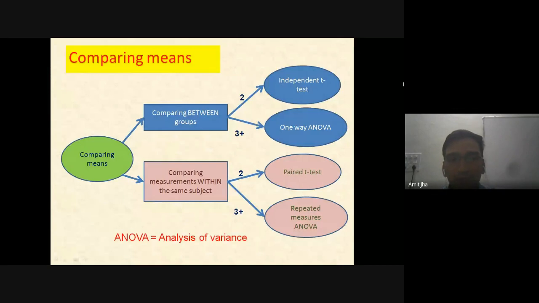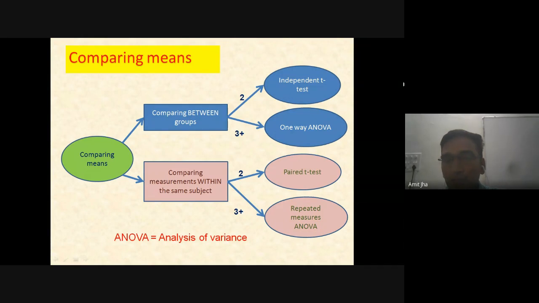Now look, what I have just been telling you is about comparing means: comparing means between groups, and comparing measurements within the same subject. If we are comparing means between two groups, then the independent t-test is used. But if there are 3 or more groups, then one-way ANOVA is used.